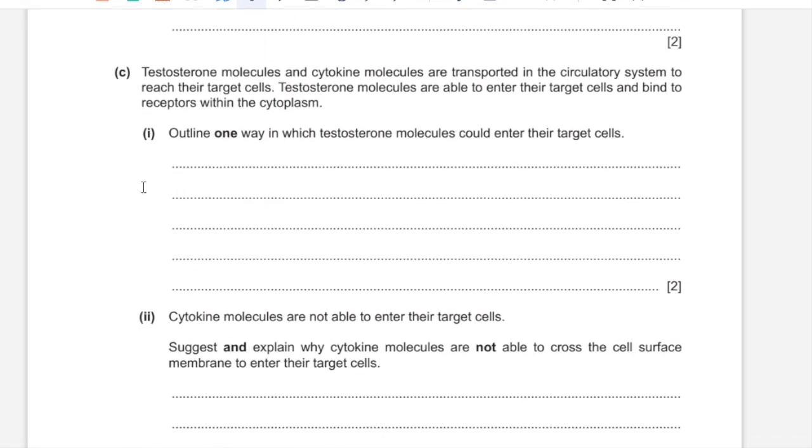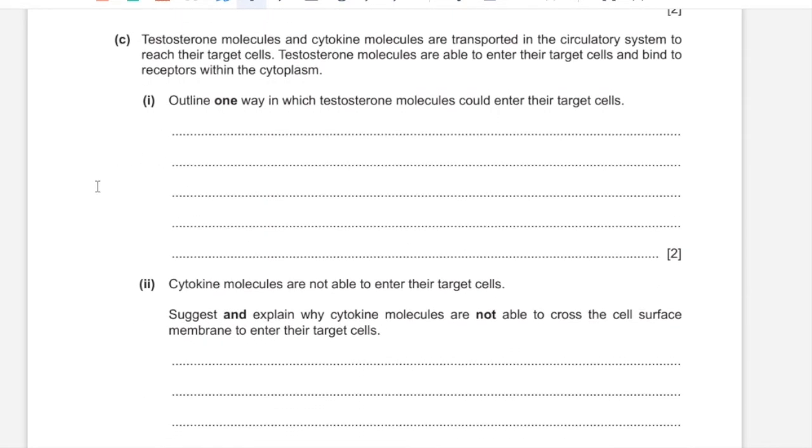Testosterone molecules and cytokine molecules are transported in the circulatory system to reach their target cells. Testosterone molecules are able to enter target cells and bind to receptors within the cytoplasm, so those receptors could be present in an organelle in the cytoplasm of the cell. Outline one way in which testosterone molecules could enter their target cells.